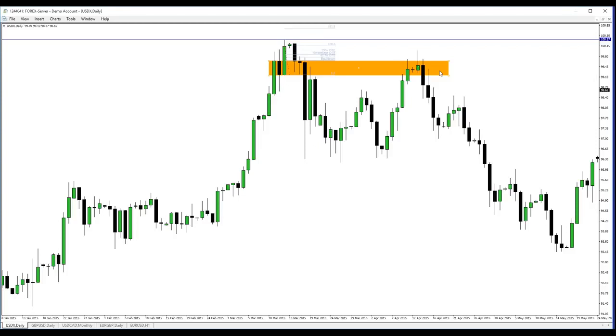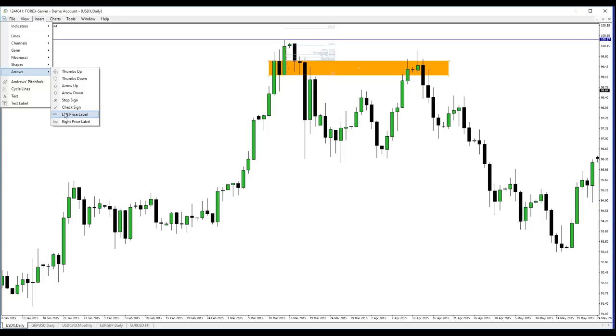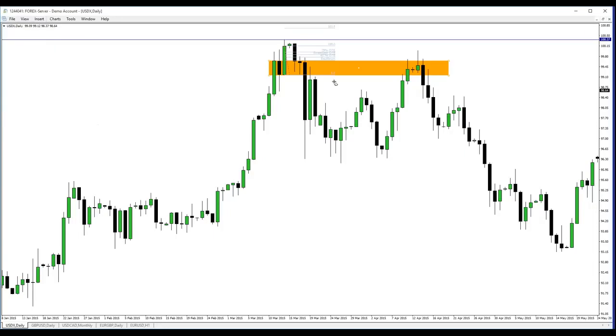Okay, this is not supply. This is an ICT order block. So inside of this area, what we do is we look at the highest point and the lowest point of the block. Oh, I grabbed the wrong thing.